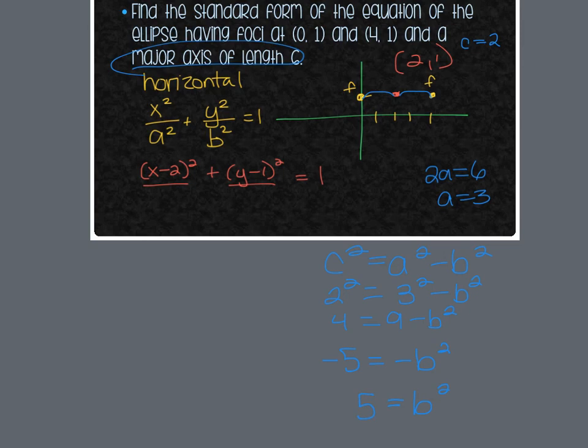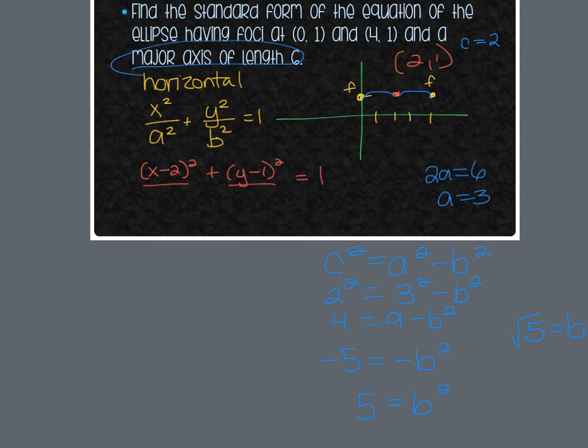So if I square root the B, I would get square root 5, right? But when I plug it back into the equation, what do I do to B? I square it. So if I want to know exactly what it is to graph it, I would actually square root B, or square root 5, so I get B. But to plug it in, I don't even need to square root it. I can just leave it squared.